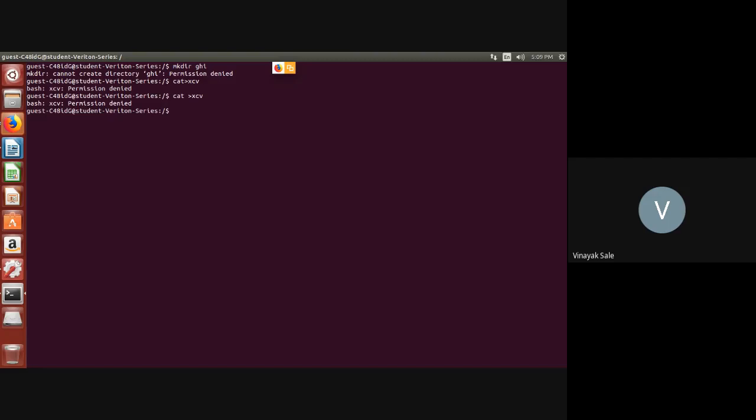So here there is no permission for creation of a file or directory in the root. Your present working directory is root, so there is no permission to create a directory or file below this root.